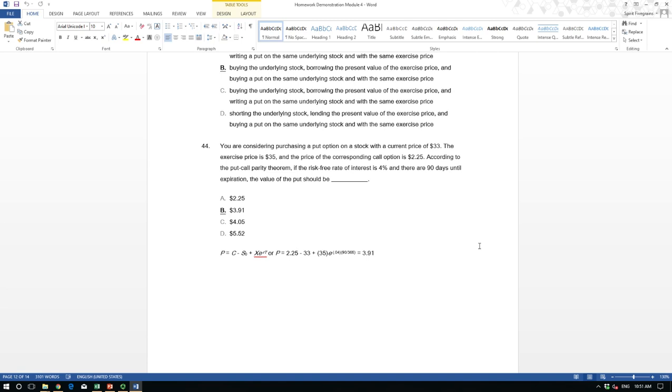And here, once again, you apply put-call parity, and you need to calculate the put option. Put option equals call option minus stock price plus the present value of the exercise price.